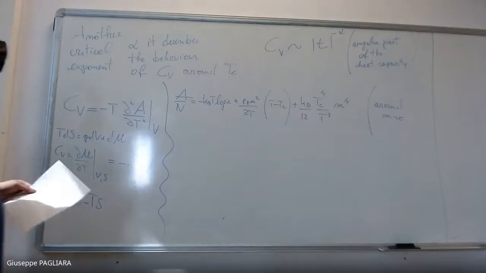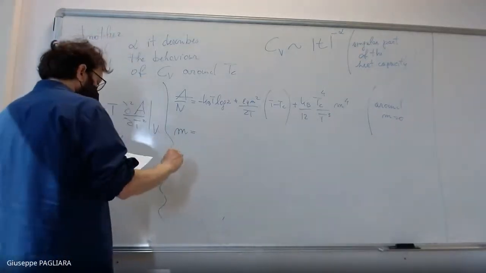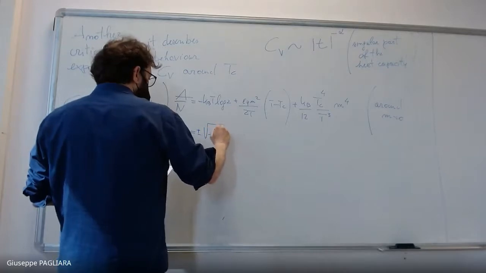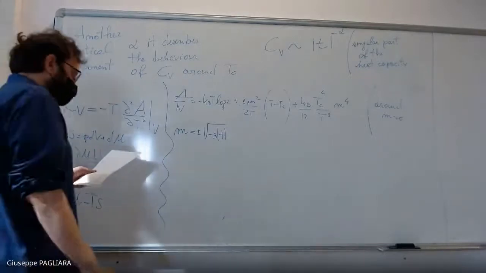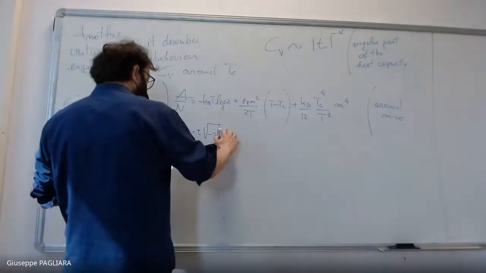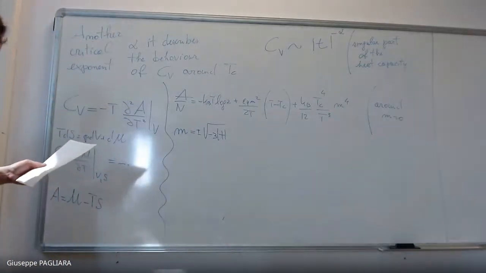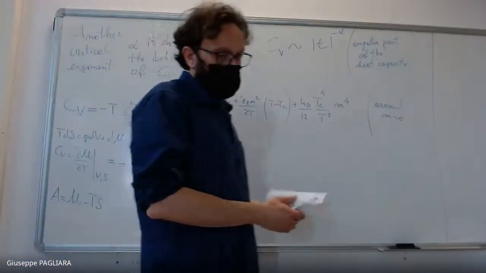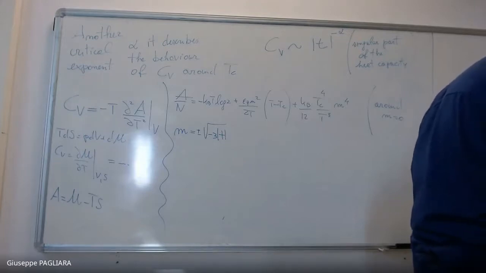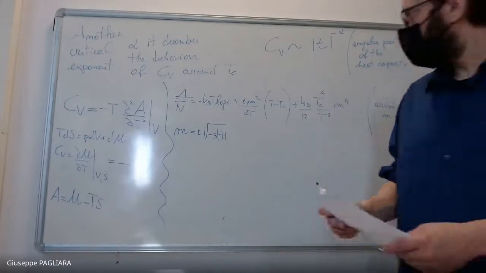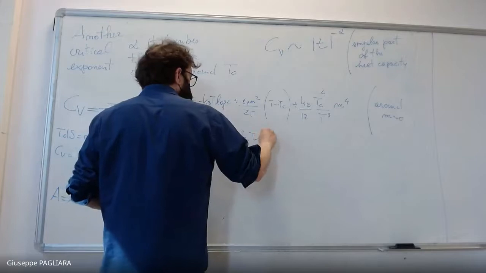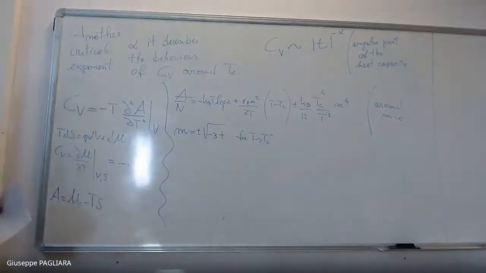Okay. Now what happens is that one uses the fact that m close to Tc is plus or minus the square root of minus 3t, for t approaching Tc from below, because above it is identically equal to 0.